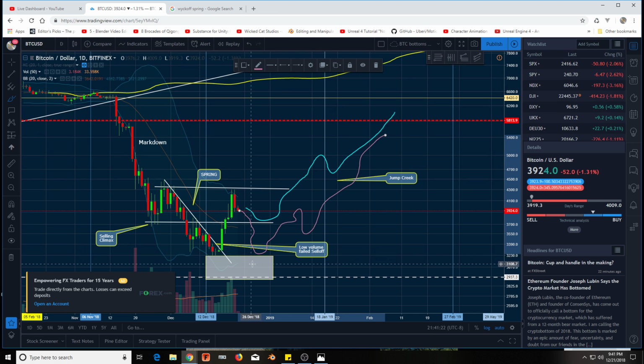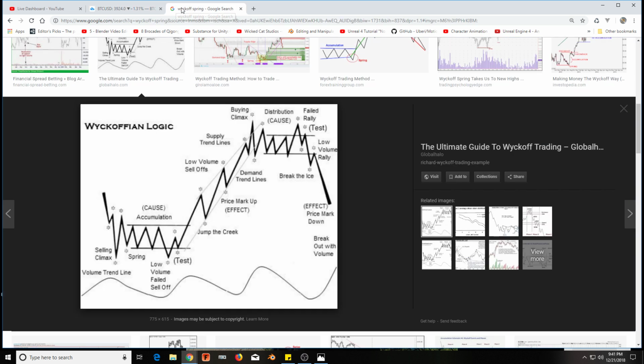If it pops down here, in TA they call that a double bottom. Also in Wyckoff you have this. I have a graph here where you can see this point right here. It says selling climax. That could be a bottom, and then the low volume sell-off.